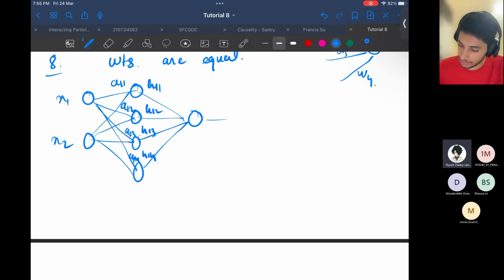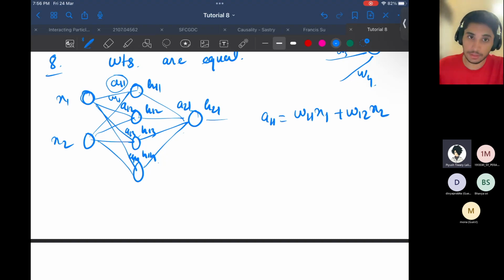And this is a21, and the output is x21. So what is the expression for a11? A11 will be w11 times x1 plus w12 times x2. Similarly, a12 will be w21 times x1 plus w22 times x2. I hope this is clear.